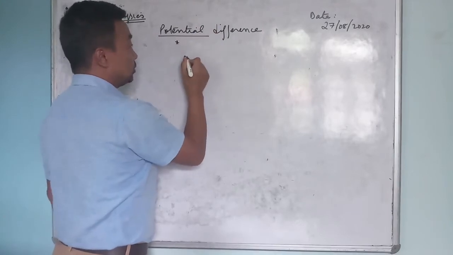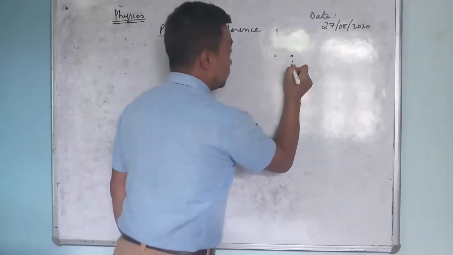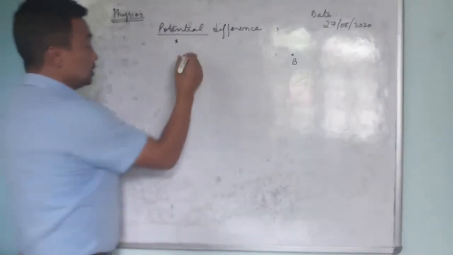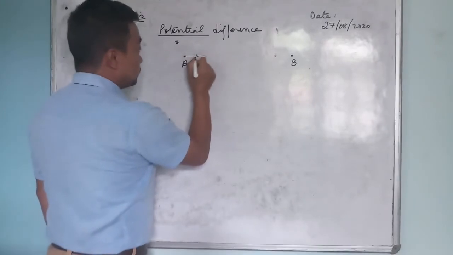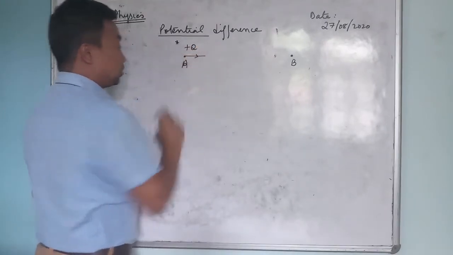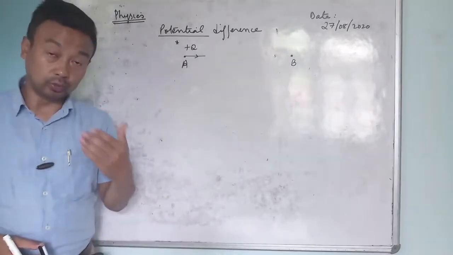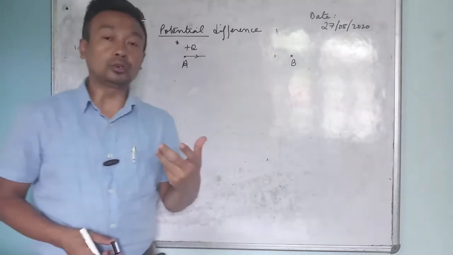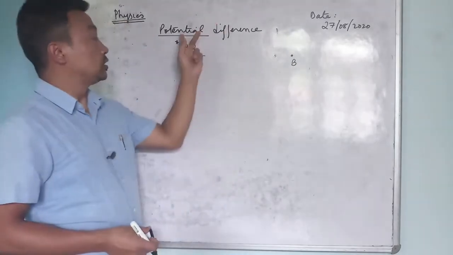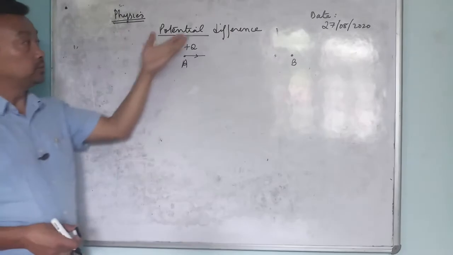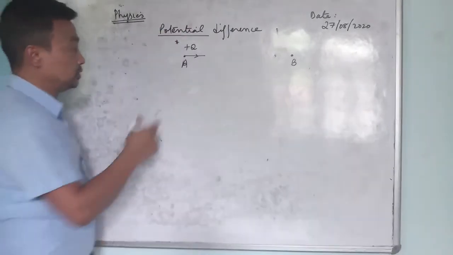Suppose you take point A and point B, and you are bringing a positive test charge from point A to point B. The work you do, that work is the potential difference. But if you bring this charge from infinity, then it becomes the potential. That is all you need to understand.